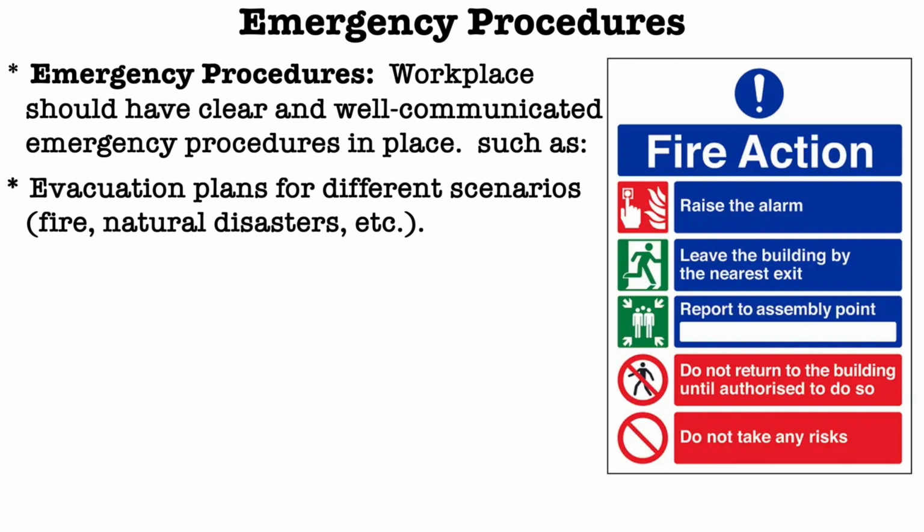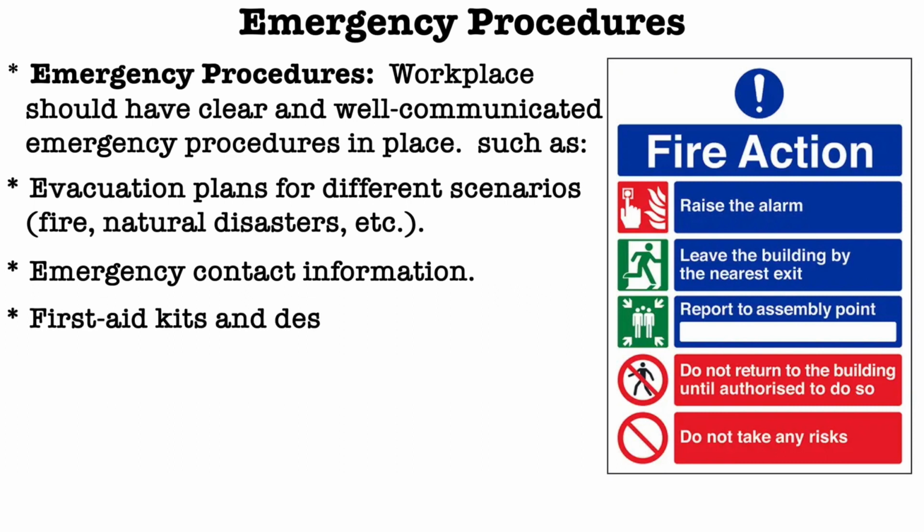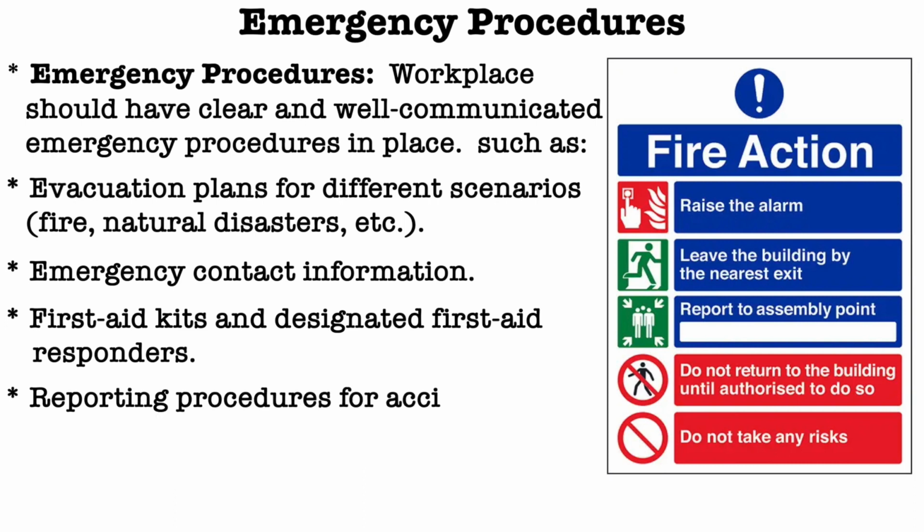An evacuation plan always should be there in any workplace. Emergency contact information should also be provided and labeled in every place. Next, first aid kits and designated first aid responders should be provided in every place. Next, reporting procedures for any accidents or incidents should be there.